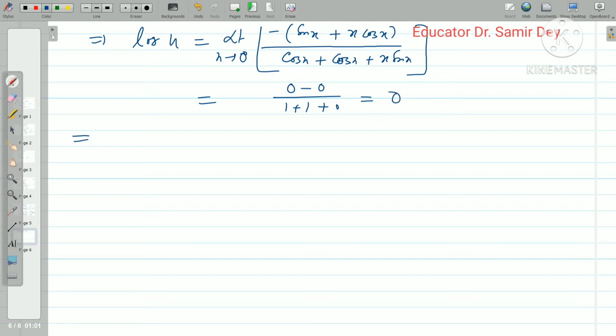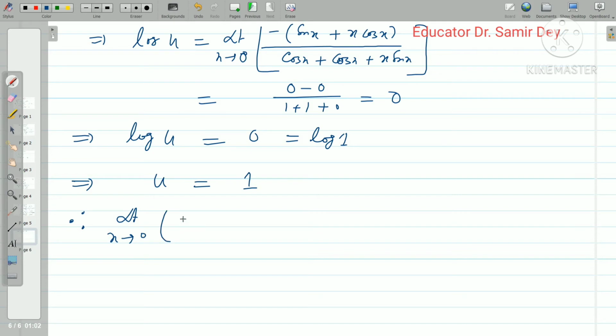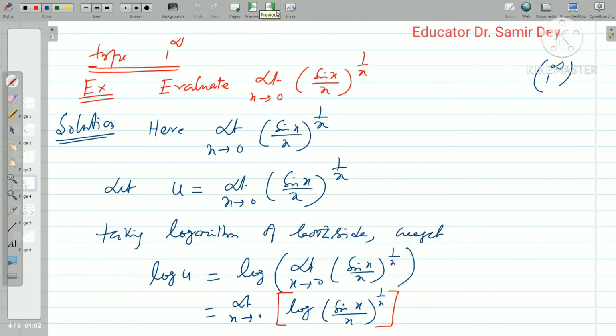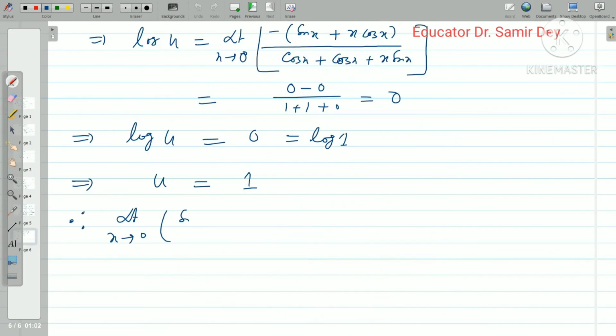So from here you may write log u is equals to 0, is equals to log 1. So here you may write u is equals to 1. Therefore what is u? u is equals to limit x tends to 0, sin x by x, whole to the power 1 by x, is equals to 1.